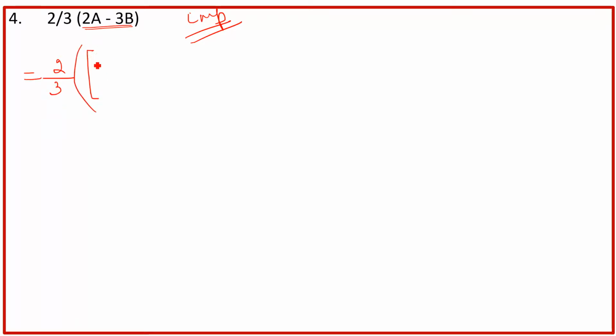In parenthesis we have 2, and the value of A is 2310. Again same thing, 2310, and then we have -3, and B is 5 minus 2, minus 4 and 1 and -1.